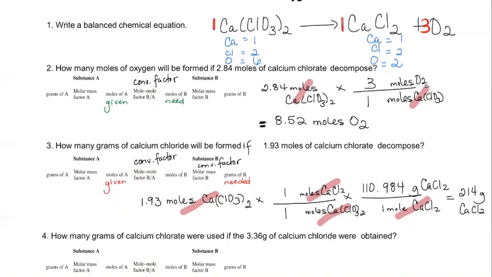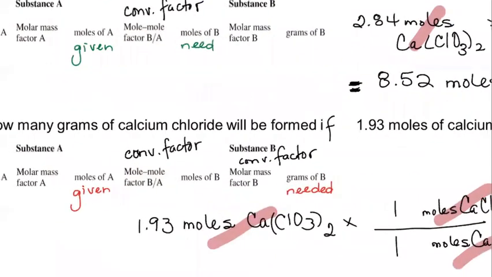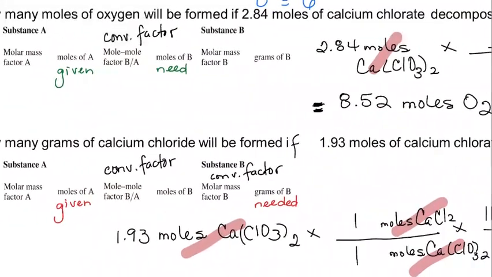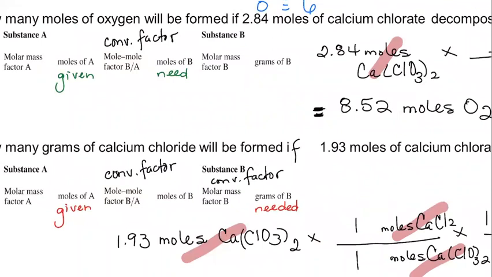Any questions about problem 3? There's a question in the chat. How did I get the grams? That is the molar mass of my second substance. Look at your conversion factors. Moles of A is going to be the moles that are given, which is calcium chlorate.